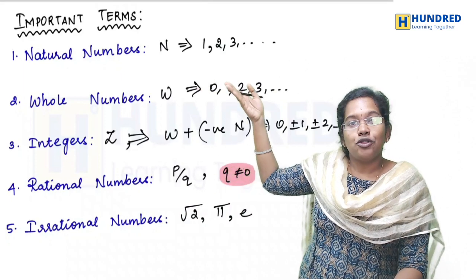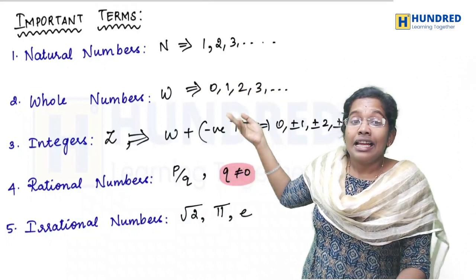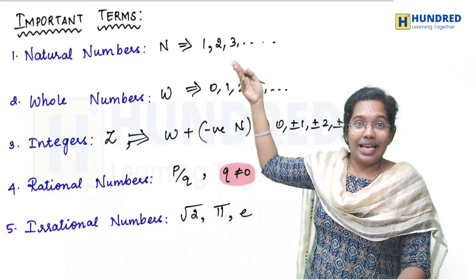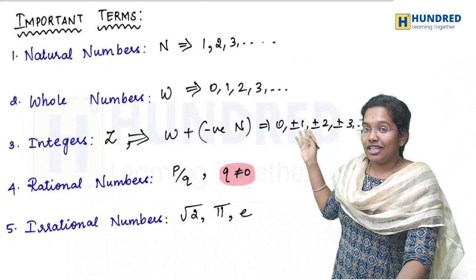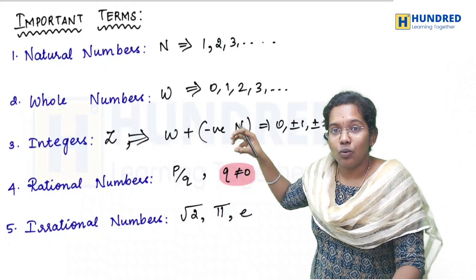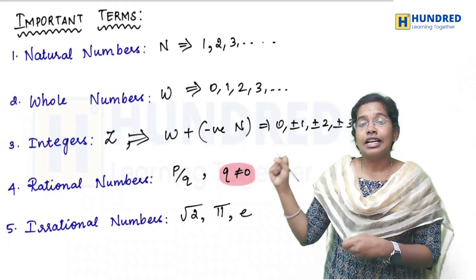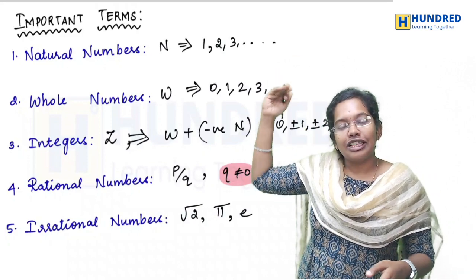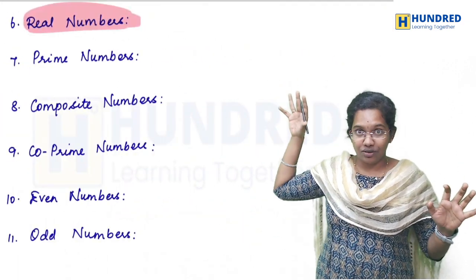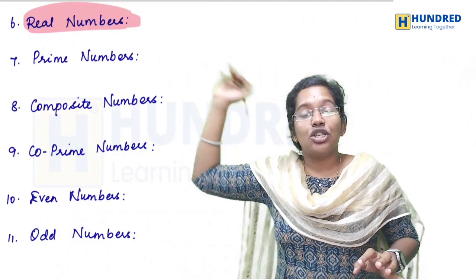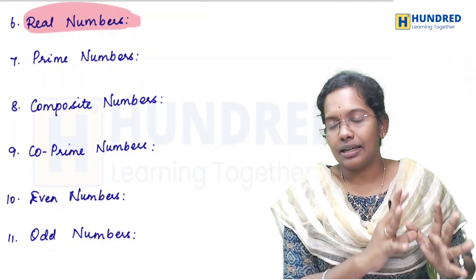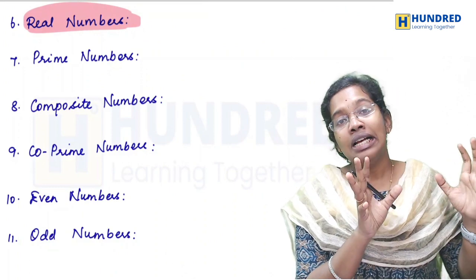In the whole numbers you can find natural numbers. In the integers you can find whole numbers, and even natural numbers, because it's full of 0, plus or minus 1, plus or minus 2, plus or minus 3. So each and everything is a subset of each other, and the entire system comes under real numbers. This is something you have to know about number systems.